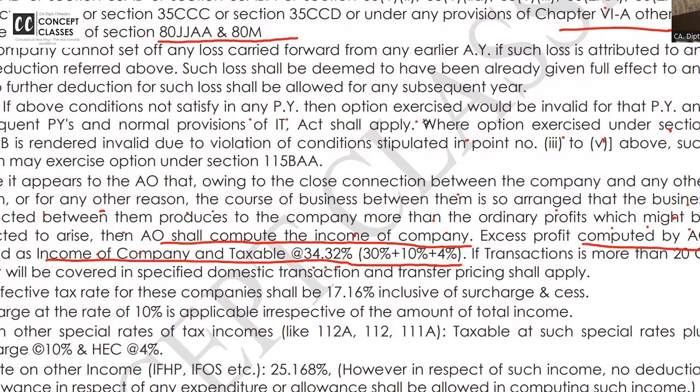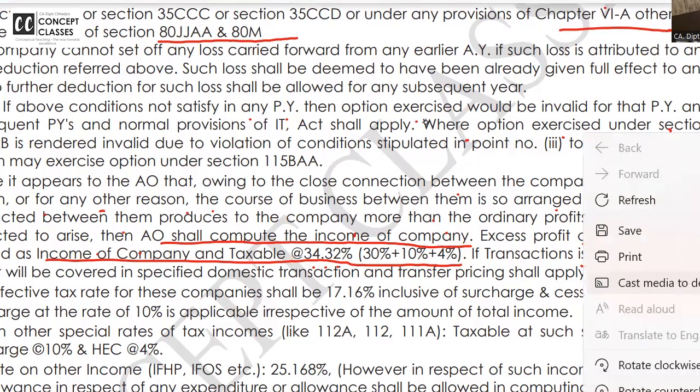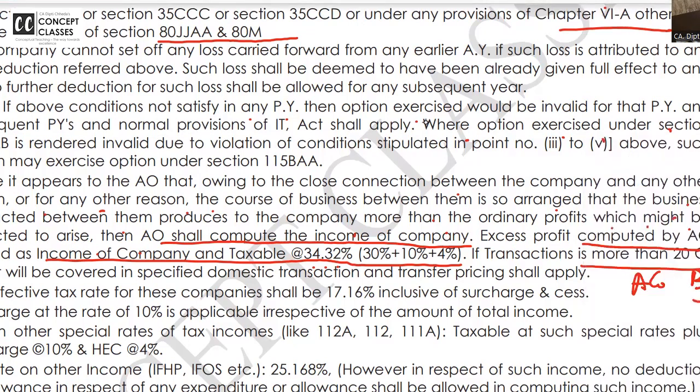And if transaction is more than 20 crore, it will be covered under specified domestic transaction, which we will study in transfer pricing. Now what does this mean? A company and B company are sister concern. Look at the screen. B company is going for section 115 BAB. Super. They are paying 15% tax, 10% surcharge, 4% cess. Around 17% tax.